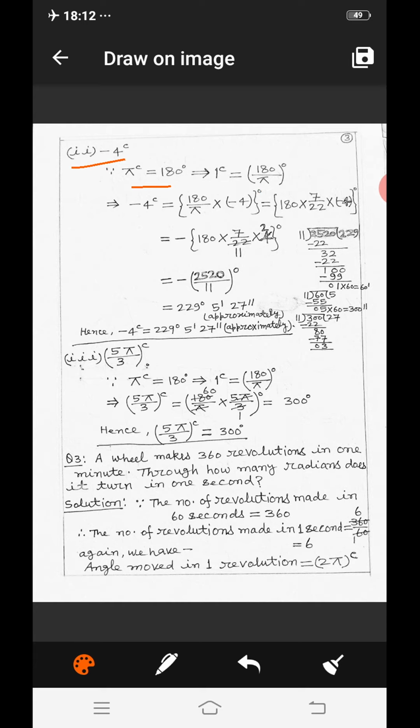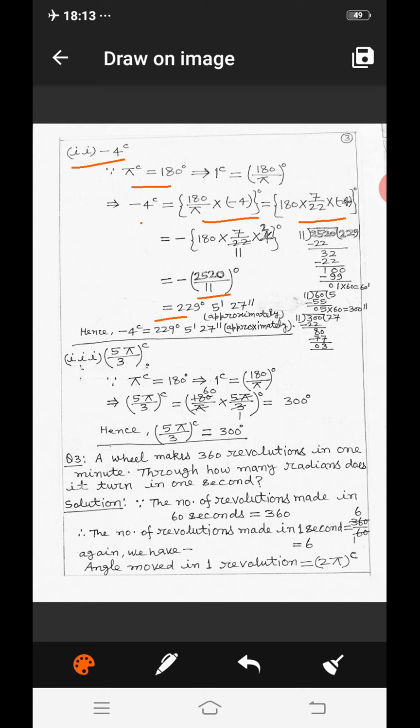Therefore, minus 4 radian is equal to 180 by pi into minus 4 degree, and this is equal to 180 into 7 by 22 into minus 4 degree, and solving this we get minus 2520 by 11 degree, and this is equal to minus 229 degree 5 minutes 27 seconds approximately.